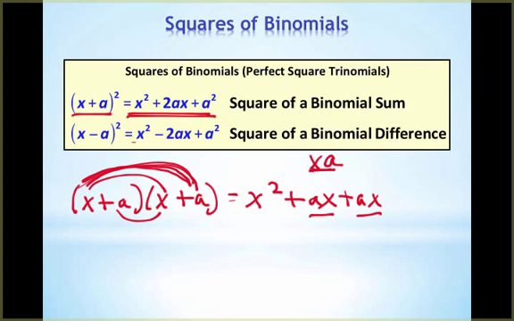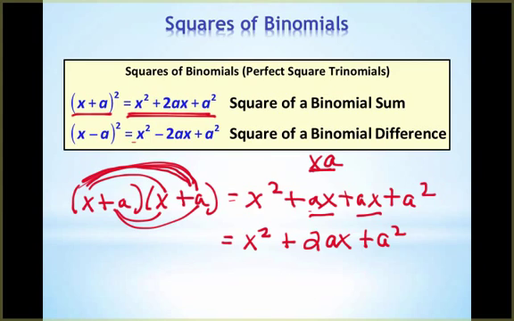So we've done first, outer, inner, and then last, plus a squared. So that's going to be x squared plus ax plus ax is 2ax, plus a squared, which is the formula that they have there for how to square a binomial when there's a plus.